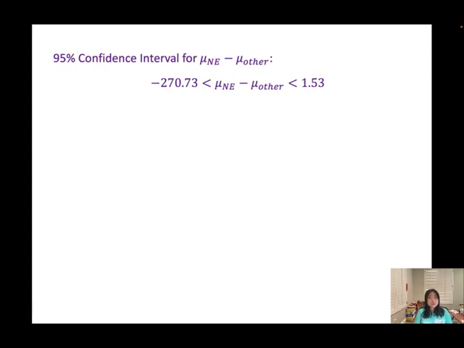Okay, think about it. Will the mean of the northeast be equal to or greater than or less than the mean of other? You're gonna review the table from the previous slides. Here, one negative, one positive means they contain the zero. If they contain the zeros, it means they will be equal to each other.